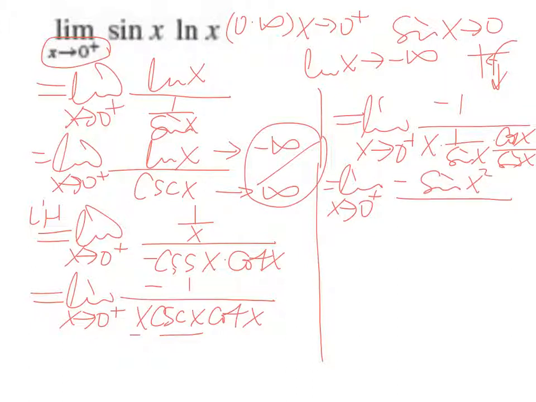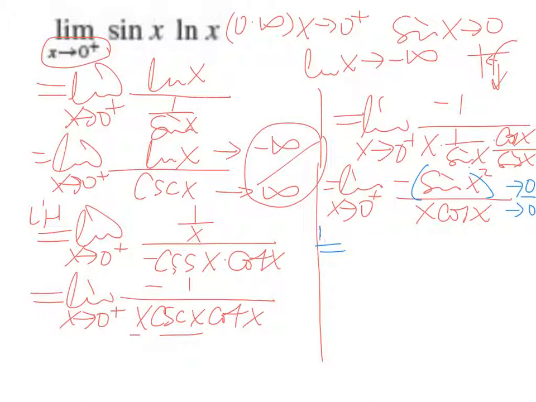Sorry, there's a negative sign, over x times cosine of x. And now we check again. As x goes to 0, the numerator will go to 0. Sorry, there's a parentheses. The denominator is also going to 0. So I have a 0 over 0 form.